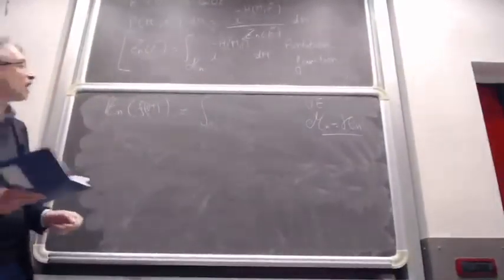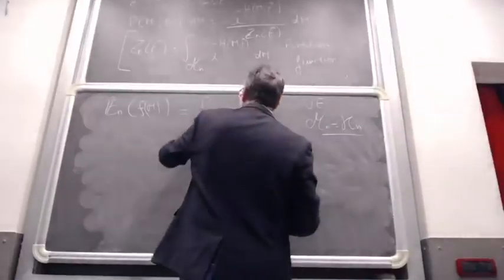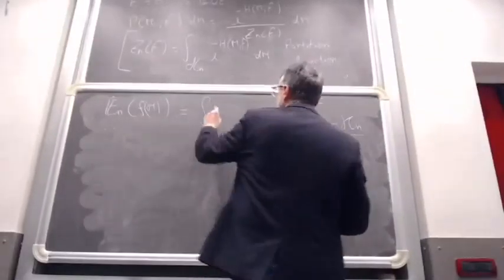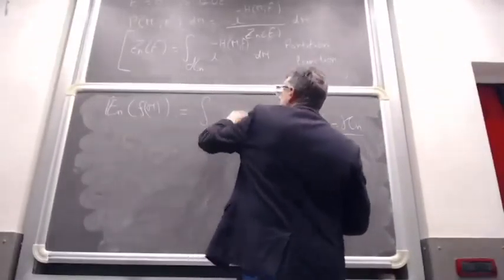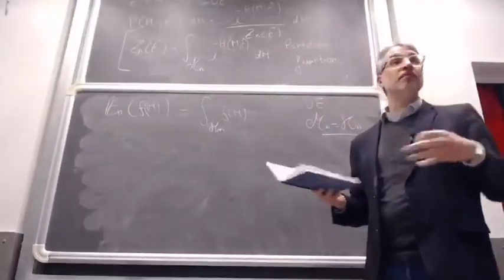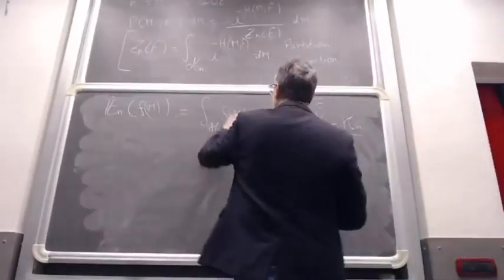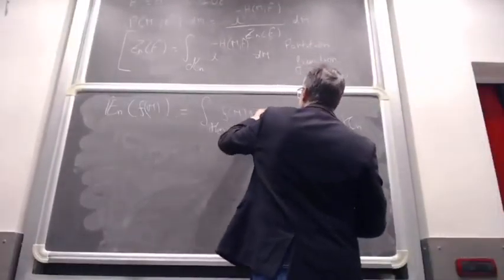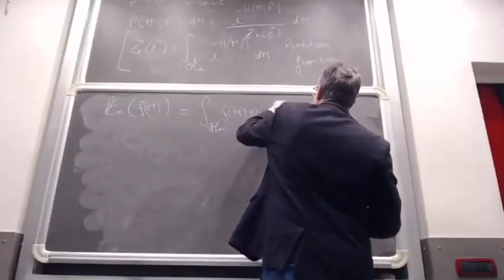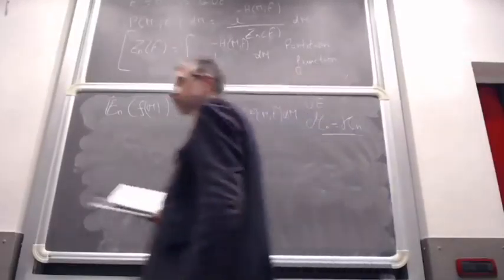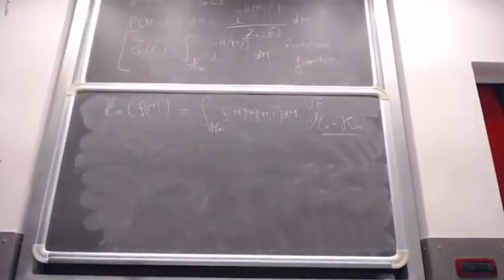So the expectation value, let me write it as the integral over the space of Hermitian matrices of Fm, where Fm is some function of your matrices, times the probability distribution in Dm. Okay, so this is the standard definition of expectation value.